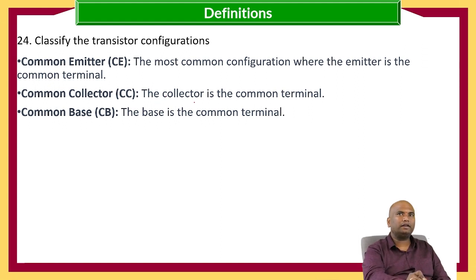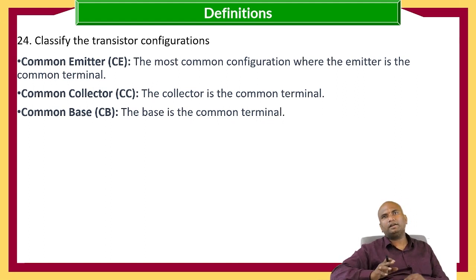In common collector, the collector is the common terminal, and the remaining base and emitter act as input and output terminals. In the common base configuration, the base is the common terminal, where the emitter and collector are the input and output terminals.